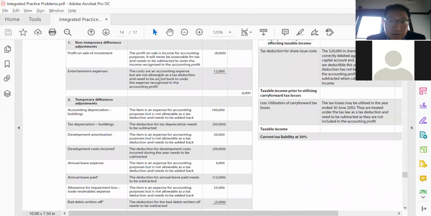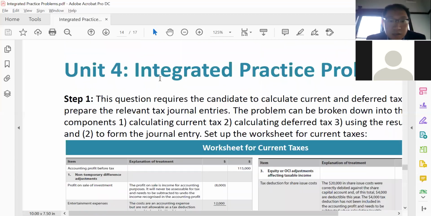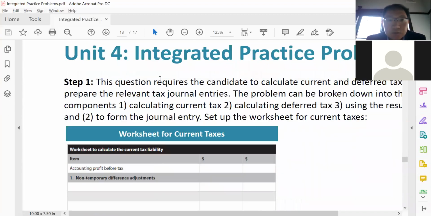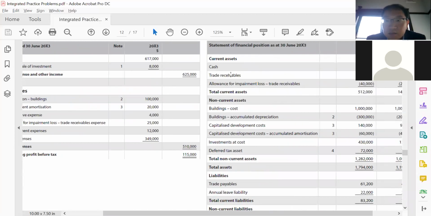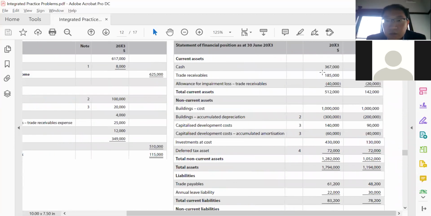From an accounting perspective, we've got trade receivables that we measured at 185,000 less this 40,000 allowance for impairment loss.